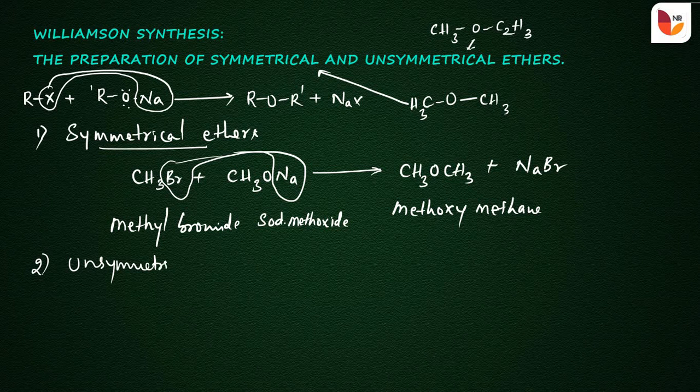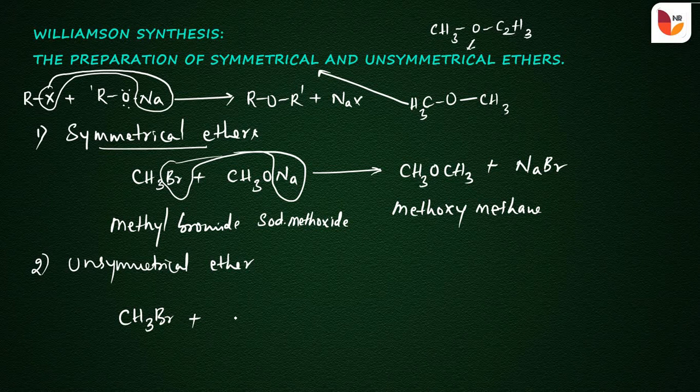Unsymmetrical ethers. So this unsymmetrical ether is to be prepared by taking two different alkyl group attached haloalkane and sodium alkoxy group. For example, let us take methyl bromide CH3Br with sodium ethoxide.